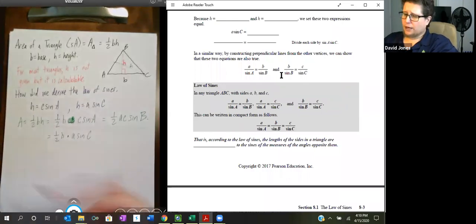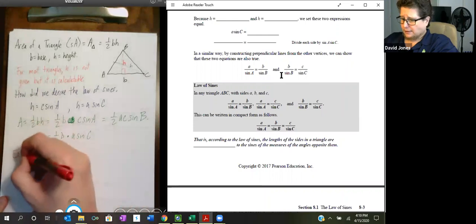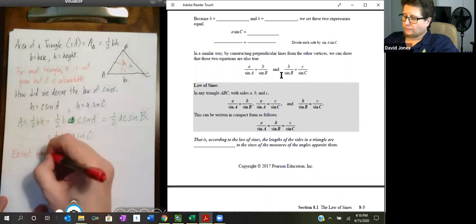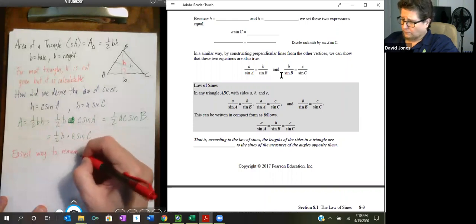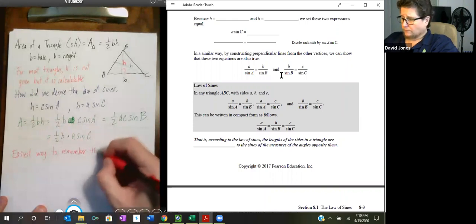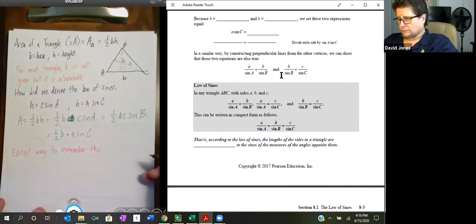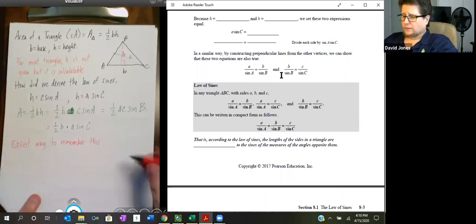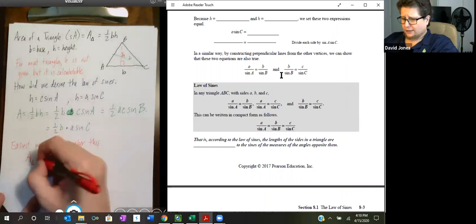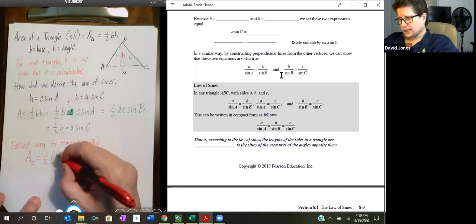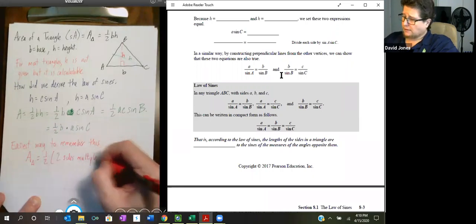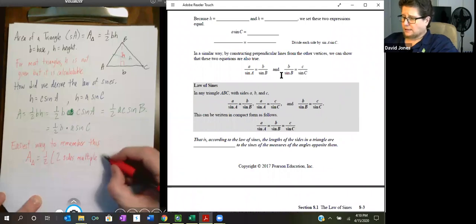I think the easiest way to remember this: area of the triangle equals 1/2 two sides multiplied times the angle of the third side.